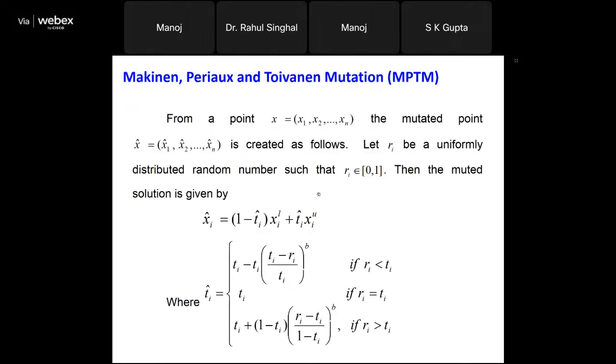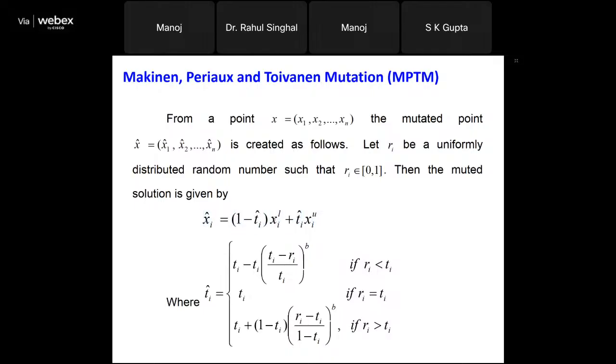Now, coming to the real coded mutations, which gained popularity, there are many other options. I'm discussing only a couple of them, right? So one of the ideas was this mutation operator, which again gives you a linear combination of the values between the lower bound and upper bound of this solution.